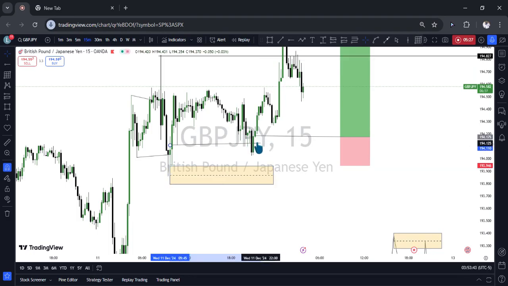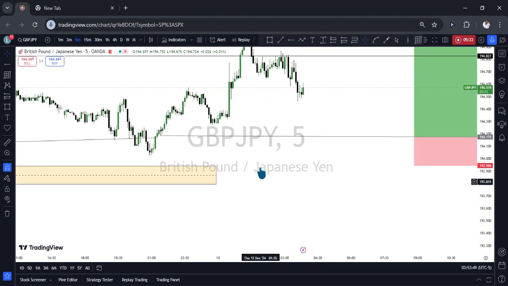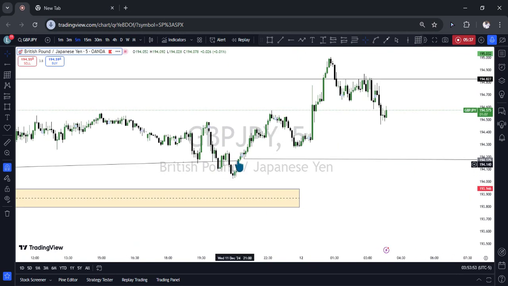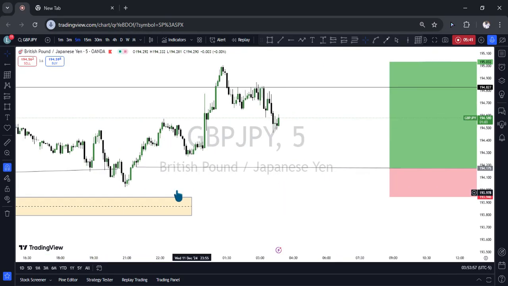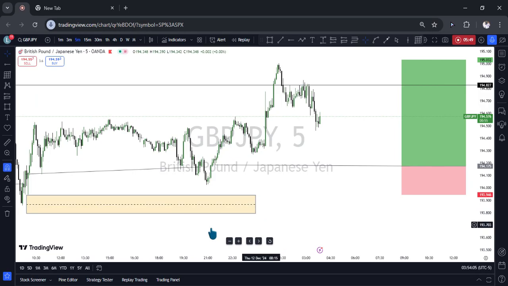So what I'm actually looking forward to is, let's go to the lower time frame. Now you can see this place is just like a strong area or point where the market might not likely break, right?